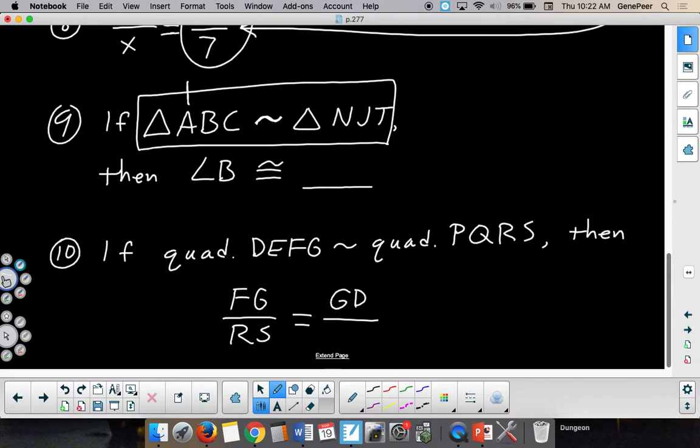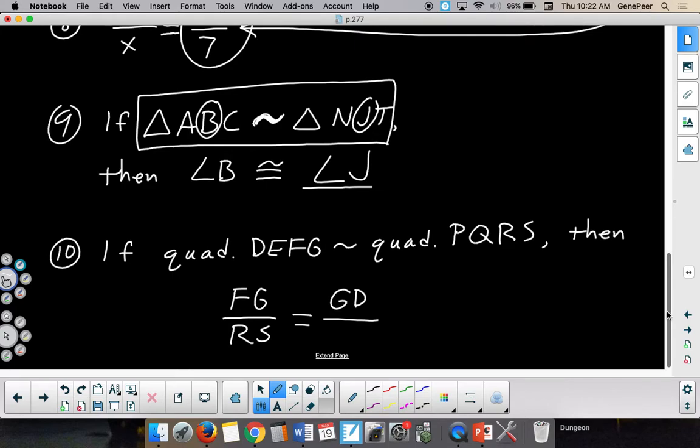So A must match up with N, B must match up with J, and C must match up with T. Therefore, based on this similarity, angle B must be congruent to angle J. There is no other correct answer.